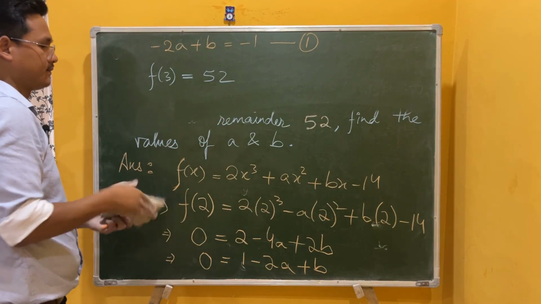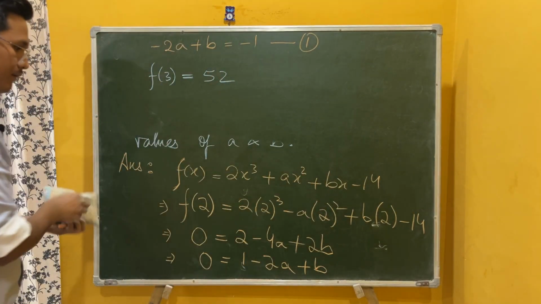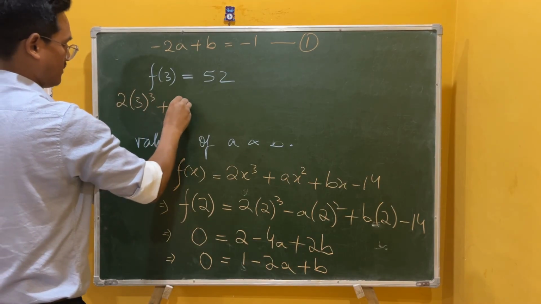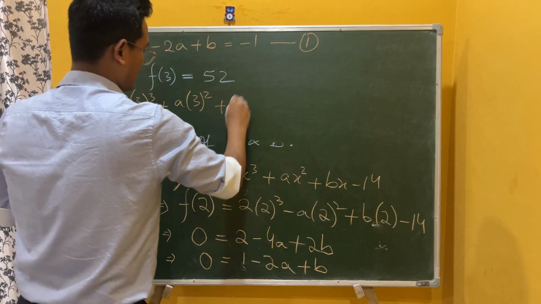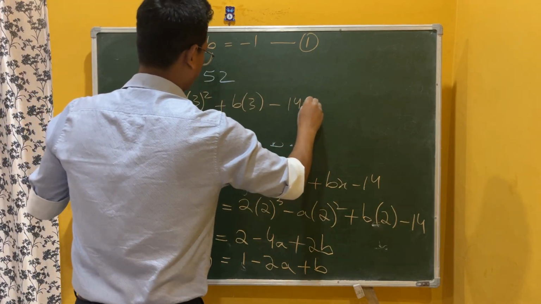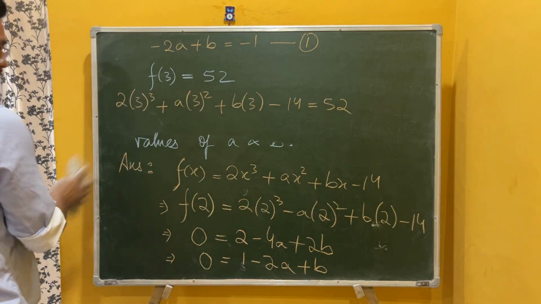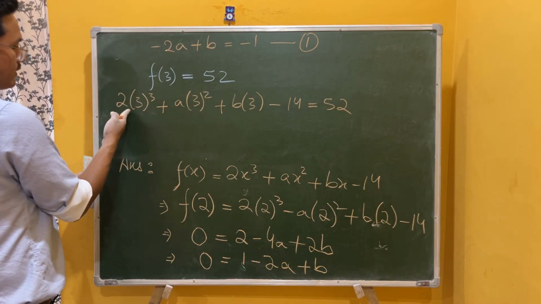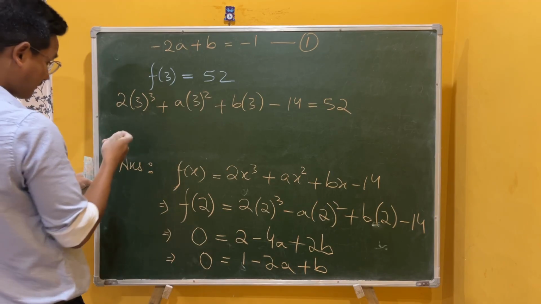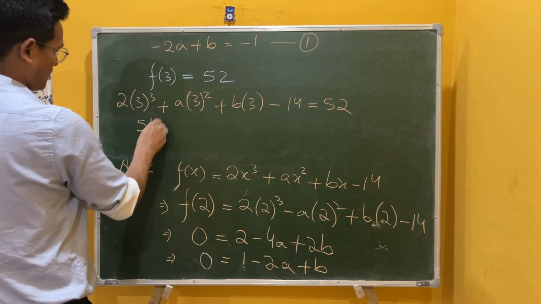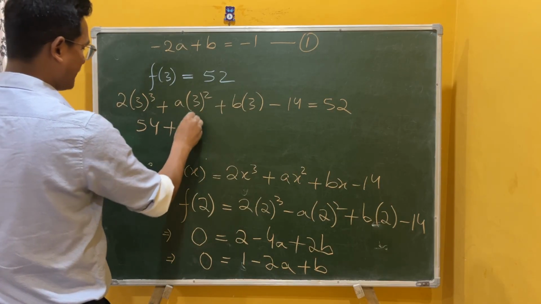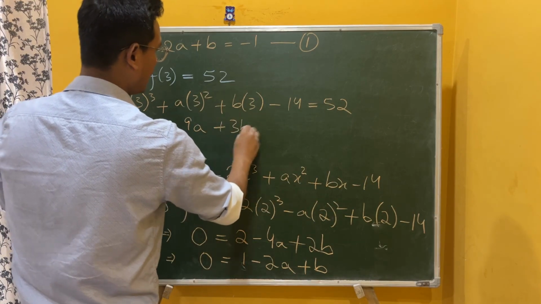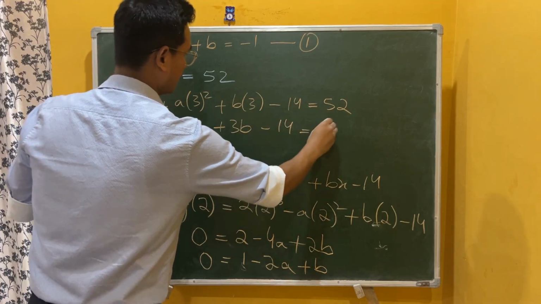Now let's substitute f of 3. 3 cubed is 27, 2 into 27 is 54, plus 9a plus 3b minus 14 equals 52.